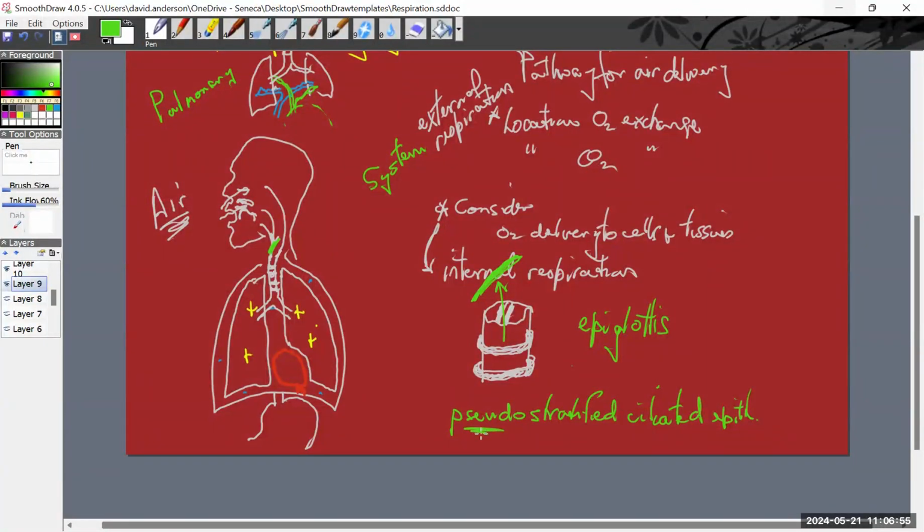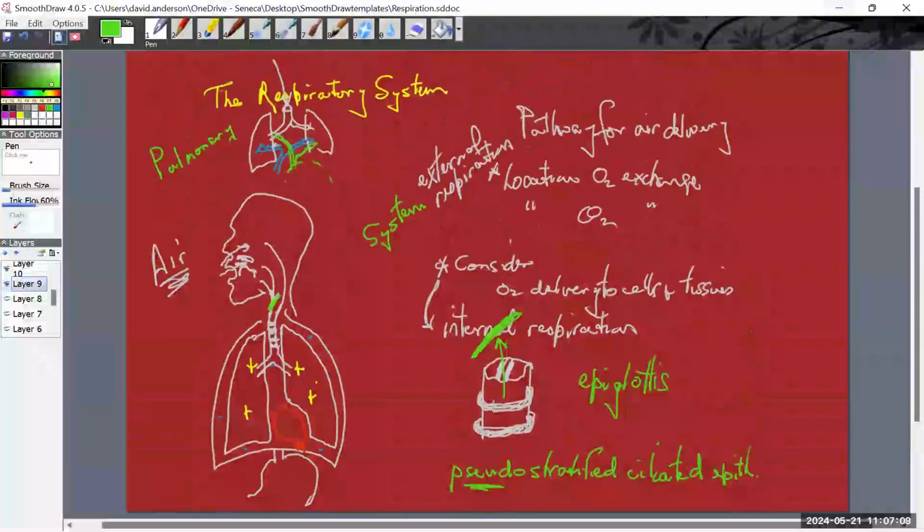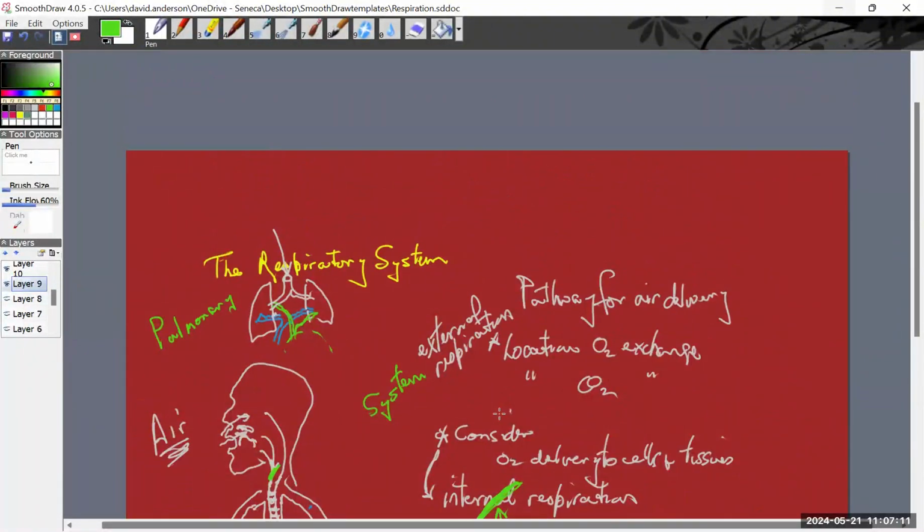So pseudostratified tells us that it is not actually stratified. Pseudo means false or fake. So this is an epithelium that gives the appearance of being stratified when in reality it is a simple epithelium.